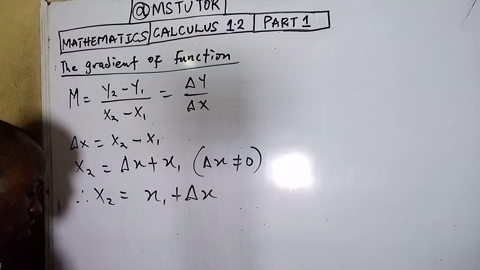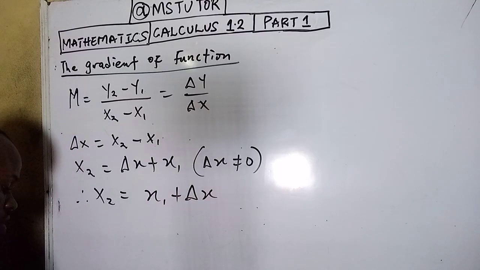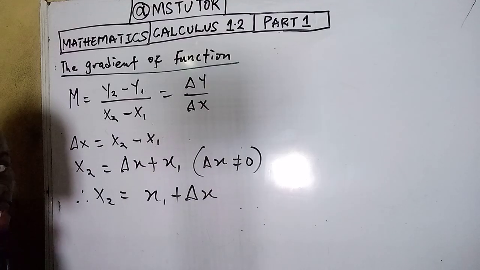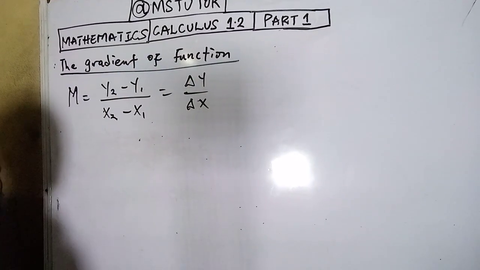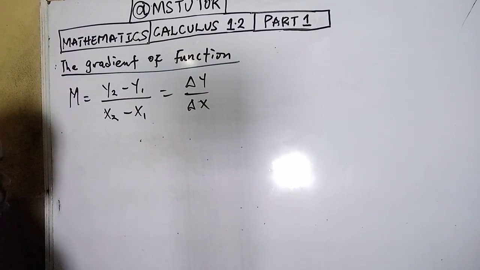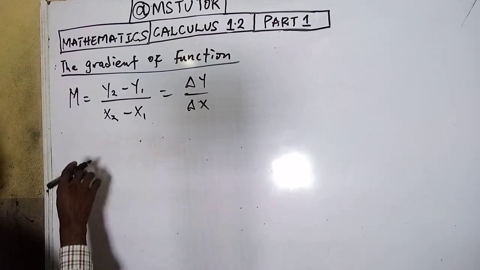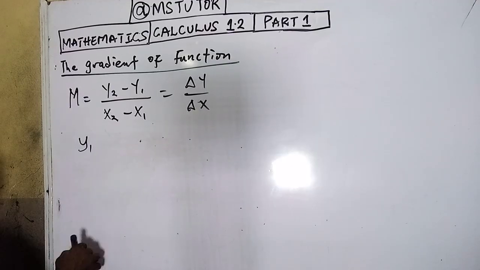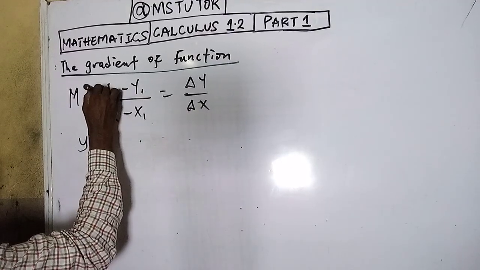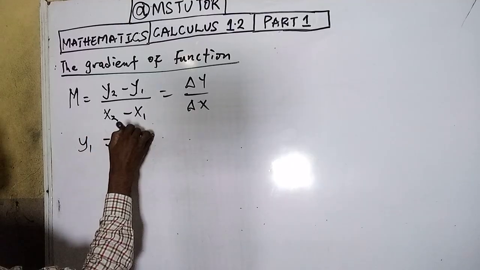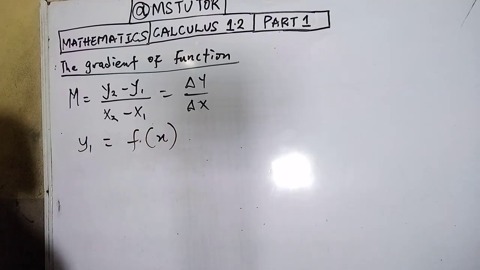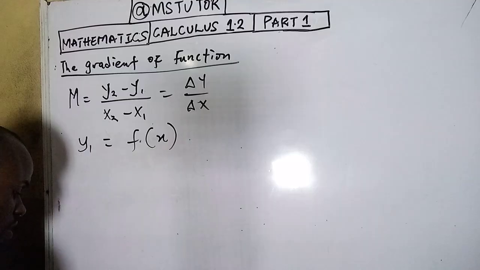Let us try to take this aspect. From the original expression, we can also recall that our y1 will obviously be the original function. Let's say our y gives us the original function.